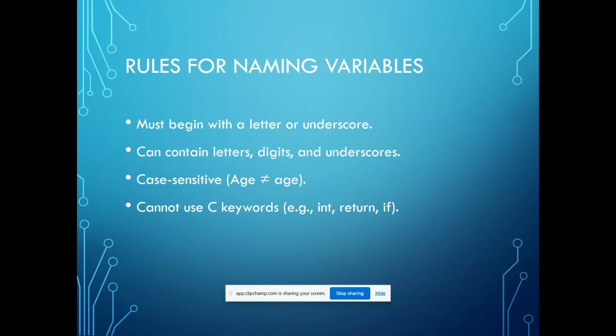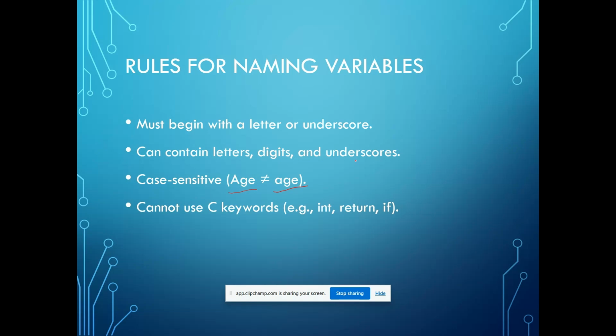So, rules for naming variables. Names must begin with a letter or underscore. No spaces allowed. Names are case sensitive. So you can see capital A age is there and small a age is there, which are not equal to each other.